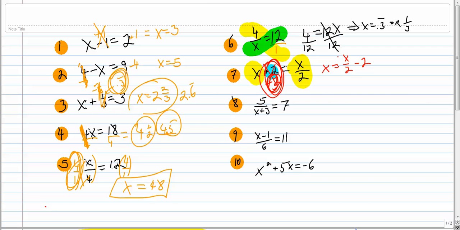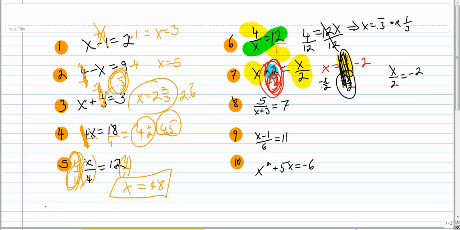So now I'm going to get this x over 2 off of this side. If I've got half of an x that's positive, I'm going to subtract half of an x, or x over 2. So then that goes away, but whatever you do to one side, you've got to do to both sides. So x minus half of x is half of x.